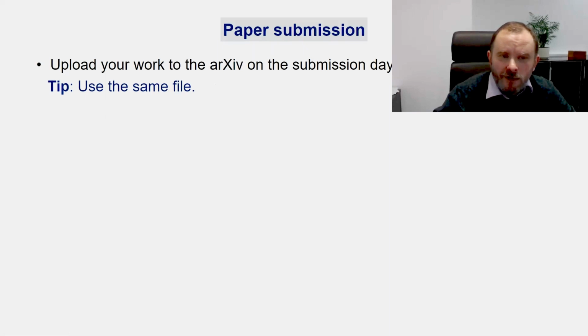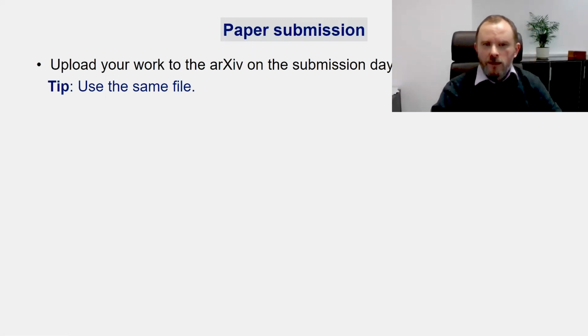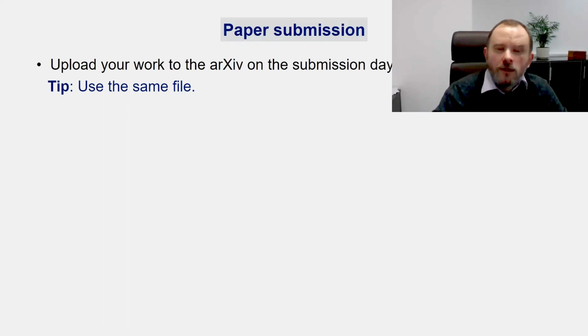Now several words about arXiv. Firstly, I think that there is no doubt that all papers should be sent to arXiv. Different people have different opinions, but in my opinion, this is a completely standard mechanism, a platform to distribute mathematical results.